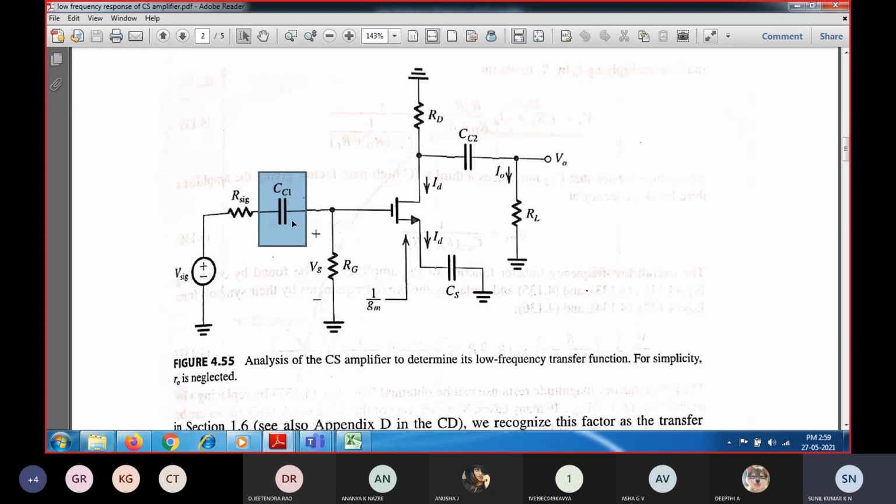Whenever the capacitive reactance corresponds to the frequency f equal to fL, at that instant you can see the gain getting reduced to the half power frequency.